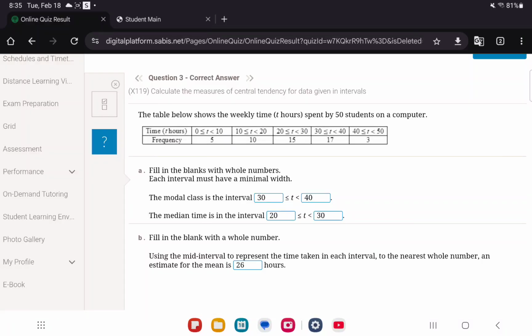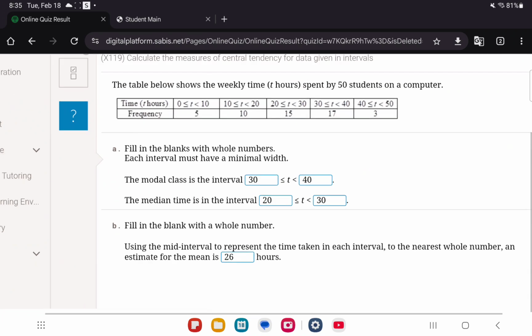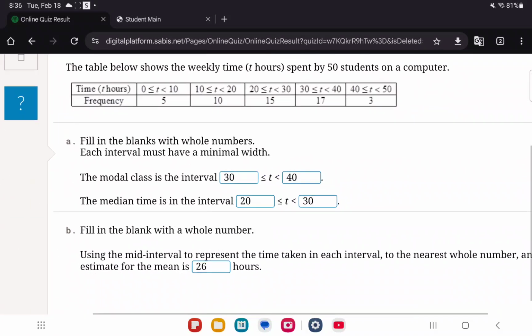So 5 times 5 plus 15 times 10 plus 25 times 15. I'm multiplying the mid interval by the frequency. How am I going to fit all of that there? Don't ask me, because I don't know. Let me try to make space for it.